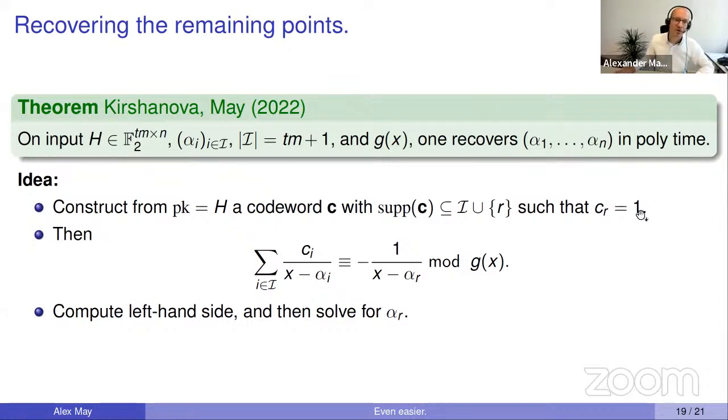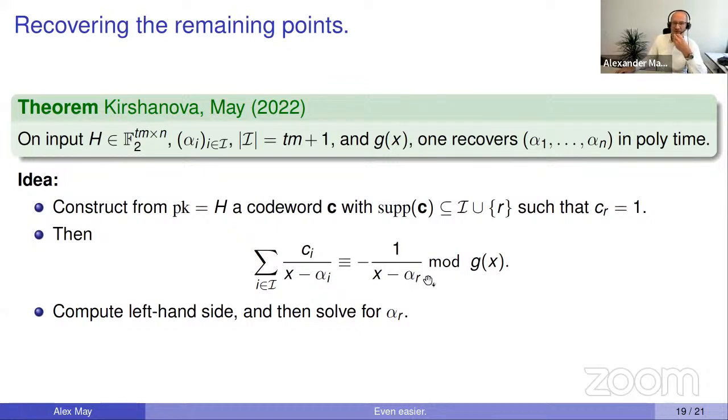If we are capable of constructing this, and this is again only linear algebra, then we again have this equation that the sum over my index set I, Ci over x minus alpha i, is 0. Now I know all of these terms except for one. So put this one, the r-th one, on the right-hand side.